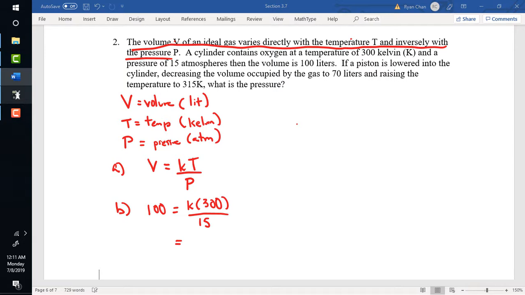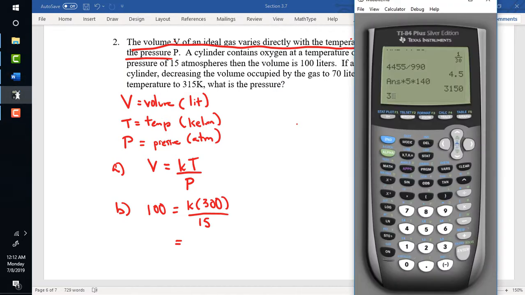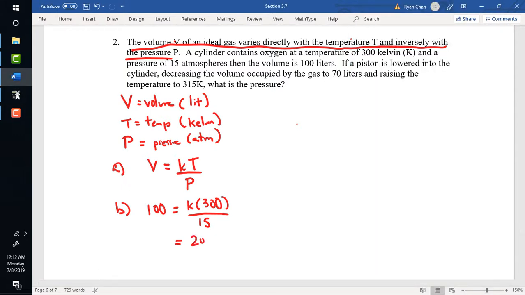So I'll do the 300 by 15 first. So I have 20K is 100, divide both sides by 20, K is equal to 5. Let me double check that really quickly. Temperature of 300 and a pressure of 15. Yes, okay. And volume is 100.